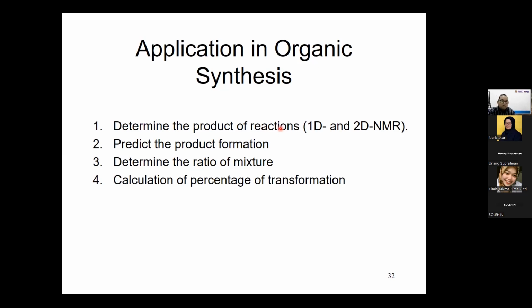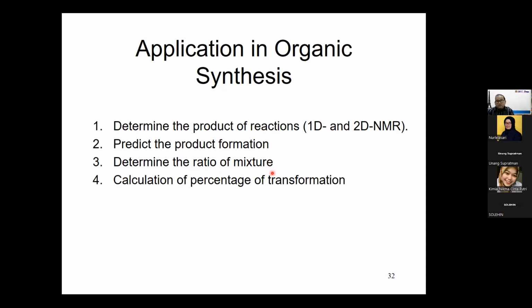For the third one, you can determine the ratio of a mixture, okay? For example, you are doing very new chemistry, and the funny thing is, you do several column chromatography runs and you cannot separate the compounds. Okay, there is one spot there.